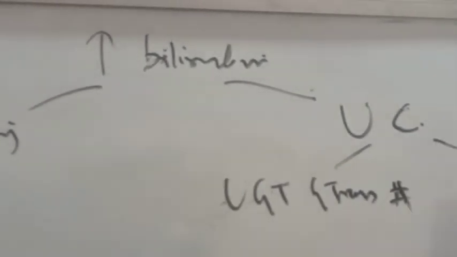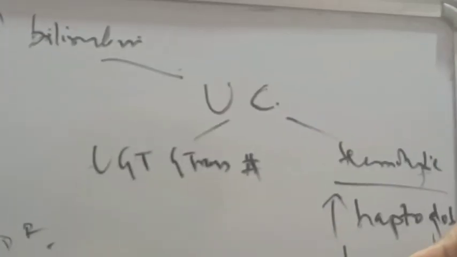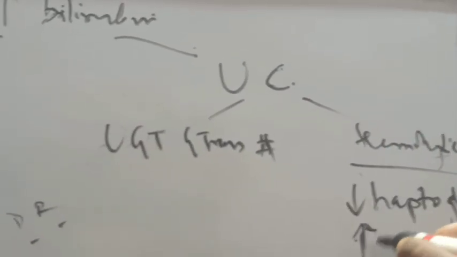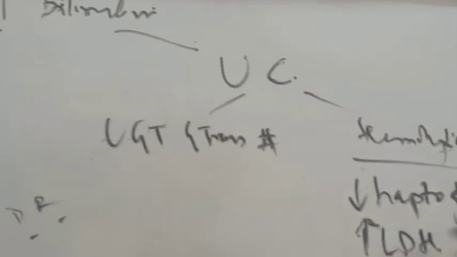So unconjugated bilirubinemia can be seen in either those inherited defects of UGT glucuronyl transferase, or it can be seen in hemolysis, where LDH will be increased and haptoglobin will be decreased. Anyway, we will go to that later. But first, UGT glucuronyl transferase defects can be of two types. One is Crigler-Najjar, another one is Gilbert.